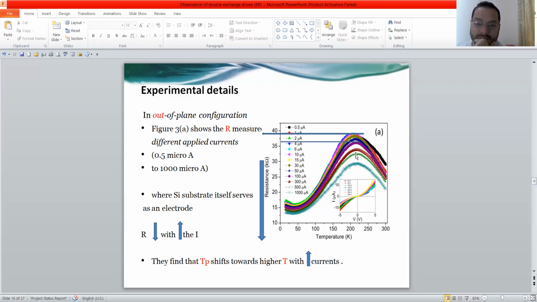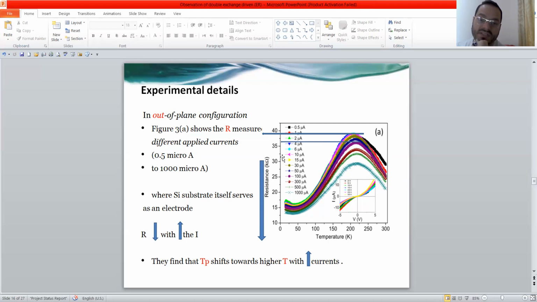And at the red one or green one, at 2 microampere, it equals approximately 32 kilo ohm or 32.5 kilo ohm.